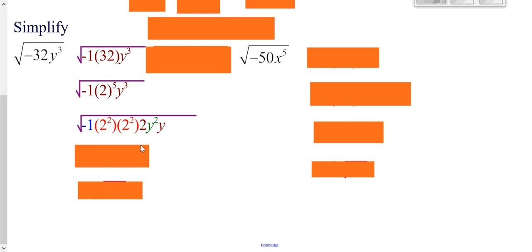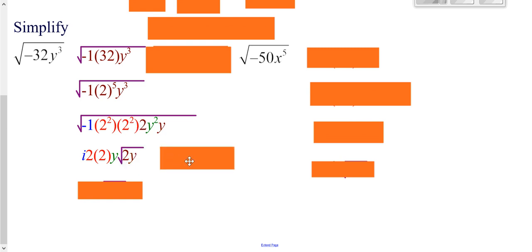Now we can start pulling stuff out. Now remember, the square root of -1 is an i. Square root of this 2 squared is a 2. Square root of this 2 squared is a 2. Square root of this green y squared is y. We can't do anything with this normal 2 and this normal y. They stay inside of our root.